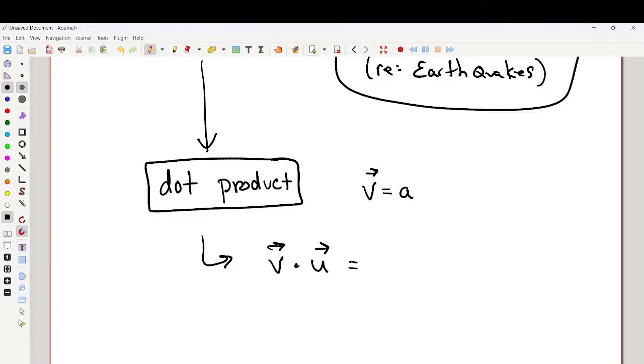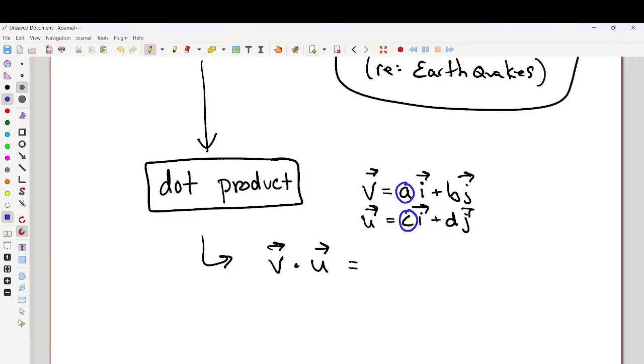I need this notation. So basically, here's our horizontal components for two different vectors.